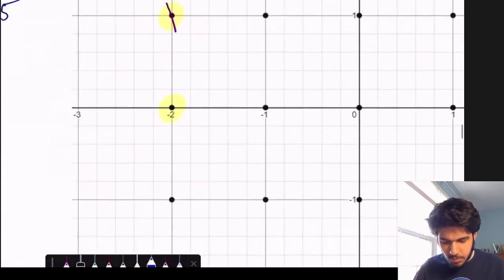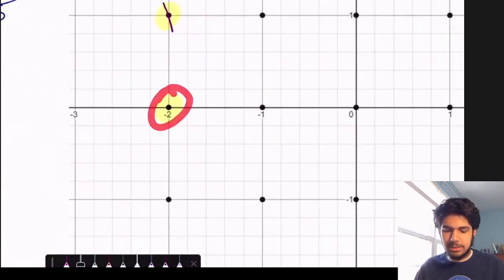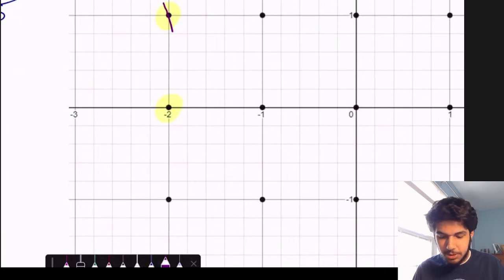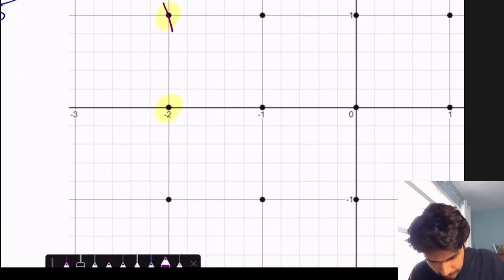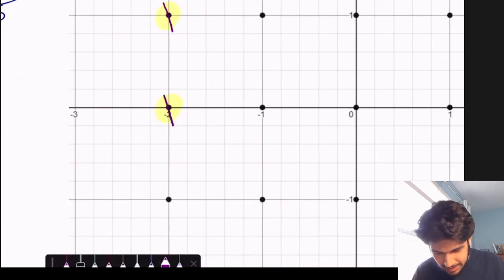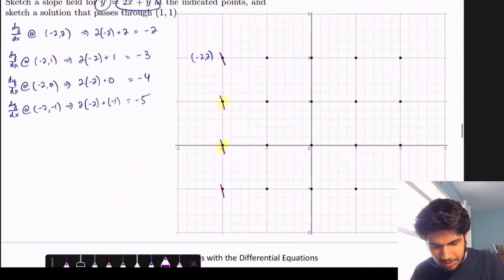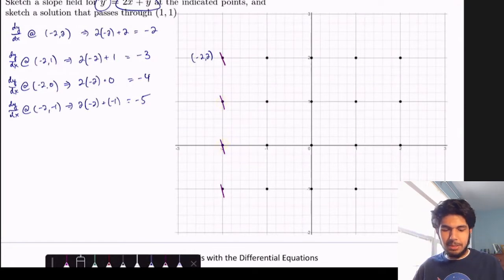So this one, we want its slope to be slightly steeper than the previous one. So that would look something like this, perhaps. And then this final one down here should have a little bit steeper slope than the previous. So something like that. Not the best drawings, but you're sort of starting to get the picture.